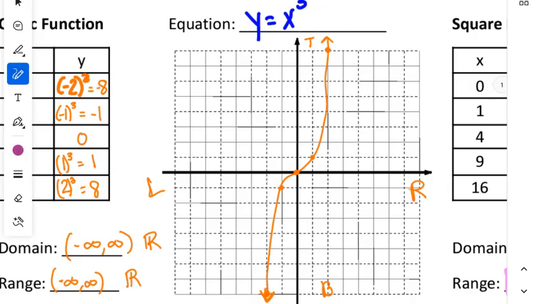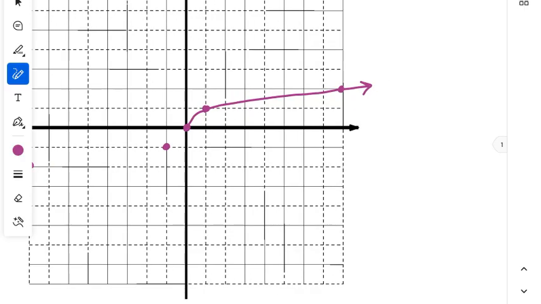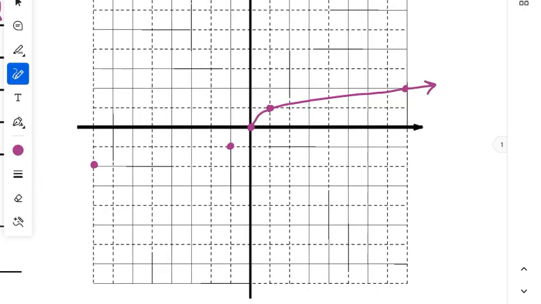So see how that one looks? If I were to rotate my paper, it would look just like this. All right, so do that part of it first. Just kind of like the square root one too. And then do the other part. Like that, there we go.